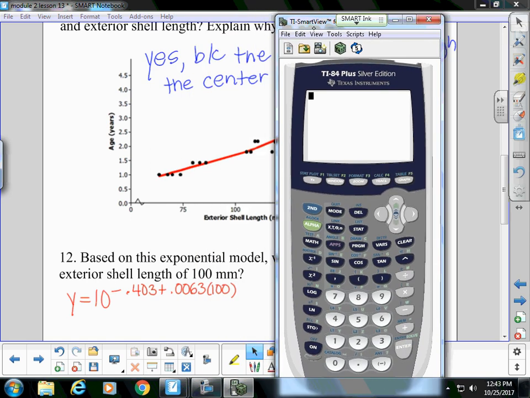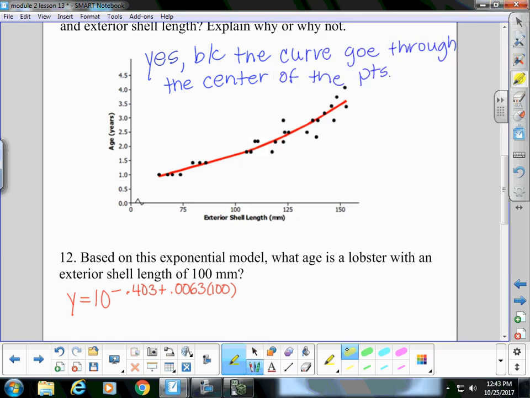So in this calculator, I can put 10 and then raised to, and then in that box, I can actually type everything that it says, or I could have figured out what this part of it actually equals first, and then put that answer in.